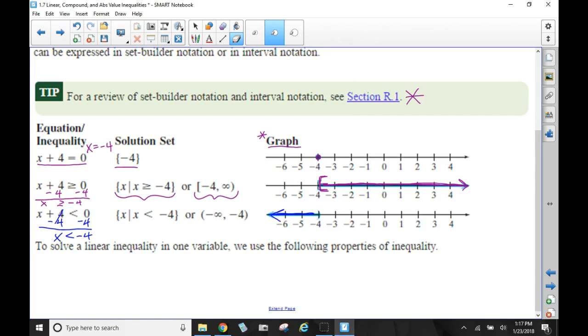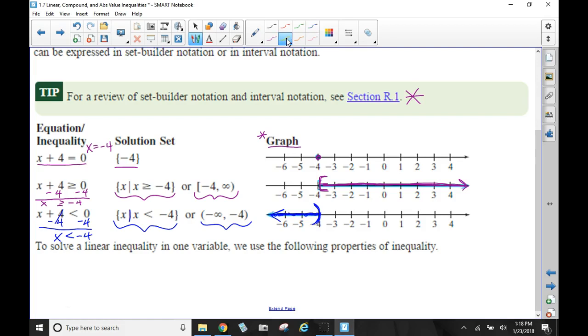But now on the graph of our solution set, instead of an open circle, we draw a parenthesis. Over here, this is the set builder notation. It's the set of all values of x such that x is less than negative 4. Or, in interval notation, it's everything from negative infinity up to but exclusive of negative 4.